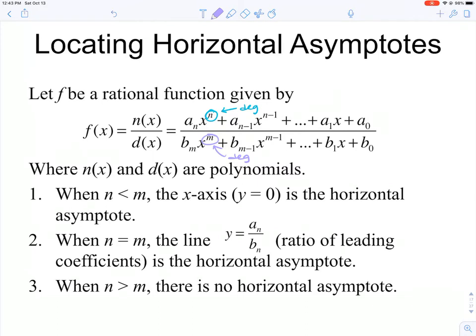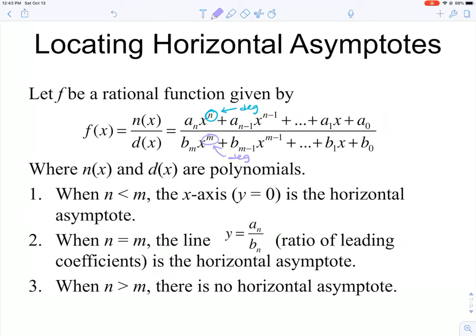If you have x squared over x squared, the x squareds would cancel, or x cubed over x cubed would cancel, leaving you with just the ratio of the leading coefficients. So if the degree of the numerator and denominator are equal, the horizontal asymptote is going to be at y equals the ratio of the leading coefficients.